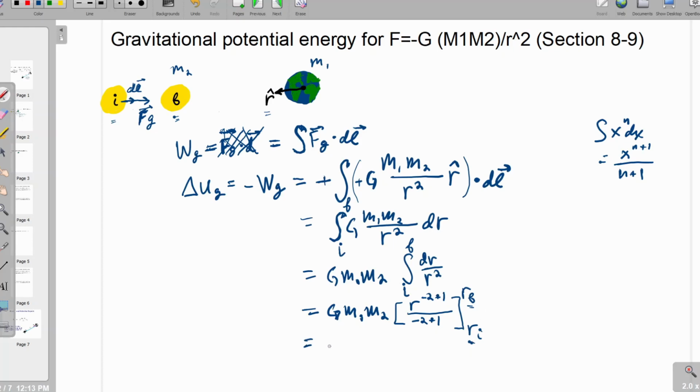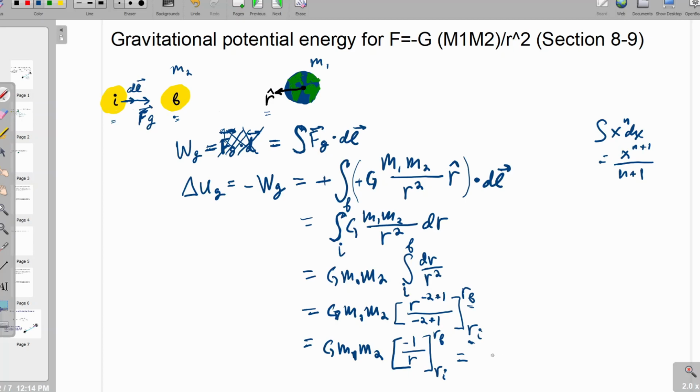So I have this G m1 m2. I would have here r to the minus 1 power, or in other words, 1 over r. And then in the denominator, I would have a minus 1. So I have a minus 1 over r overall, going from r initial to r final.